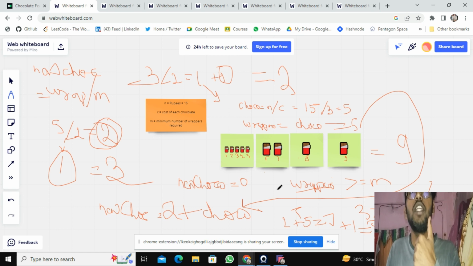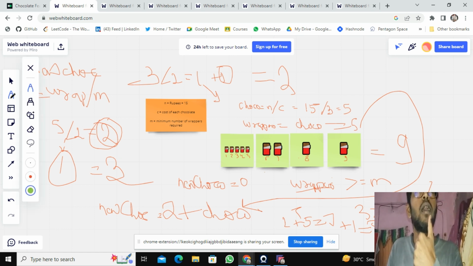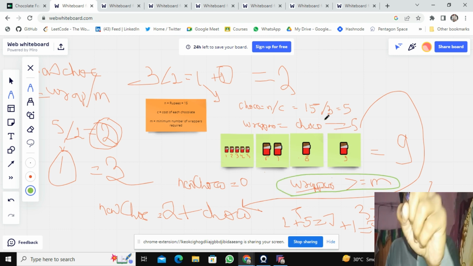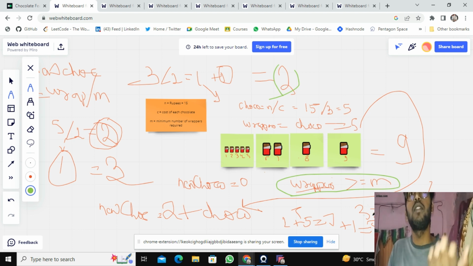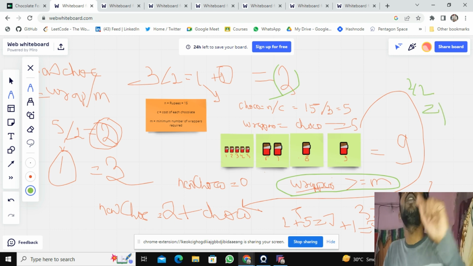So again I will check the condition. Is wrapper greater than or equal to M? Yes, wrapper is 2, and it has to be greater than or equal to 2. Yes, 2 equals 2. So again I do the same thing: 2 divided by 2 equals 1. Again I get one new chocolate, so plus 1, I have a total of 9 chocolates.